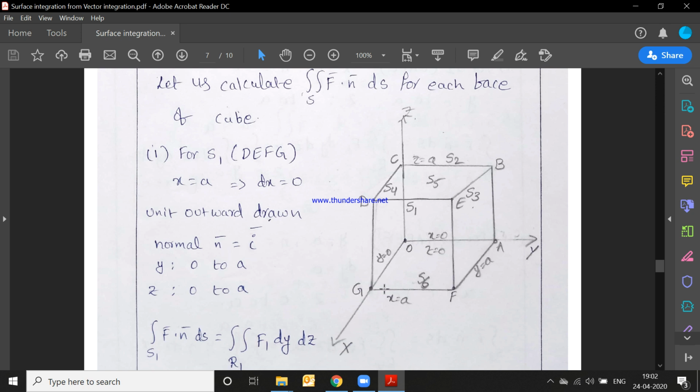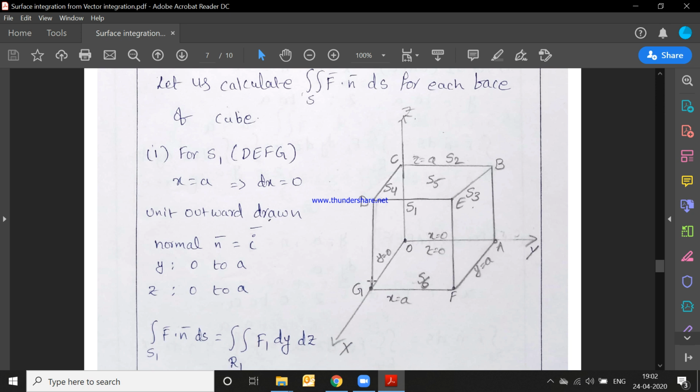Here the x value is a, and the derivative dx is 0. What are the y limits? The y limits are 0 to a. For this surface, the y limits are 0 to a, and the z limits are also 0 to a.